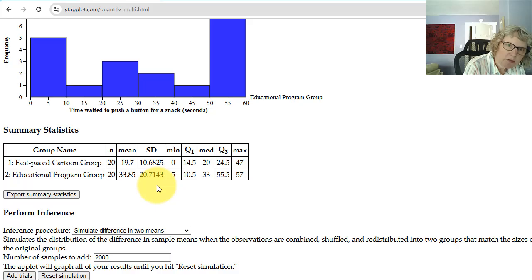In the square root, 10.68, I am going to cut these down to 3, 10.683, because there's a lot to fit in there, squared over 20 plus 20.714 squared over 20.